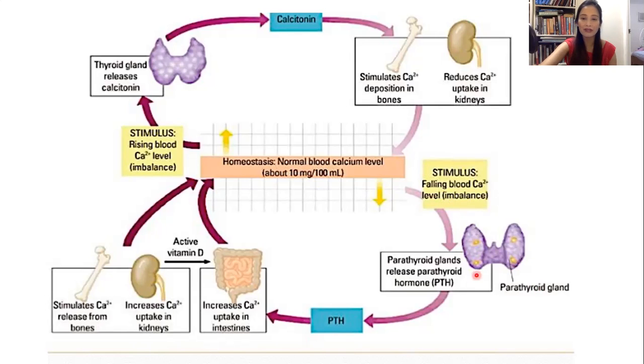And this will result in secretion of your parathyroid hormone from your parathyroid gland, and your PTH will now increase again calcium reabsorption in the kidneys and activate your vitamin D in order to increase intestinal and renal reabsorption of the calcium in order to raise the calcium levels back to normal. So hypercalcemia, high calcium, calcitonin, to a lesser extent in humans. Low calcium, no, there will be an increase in PTH.